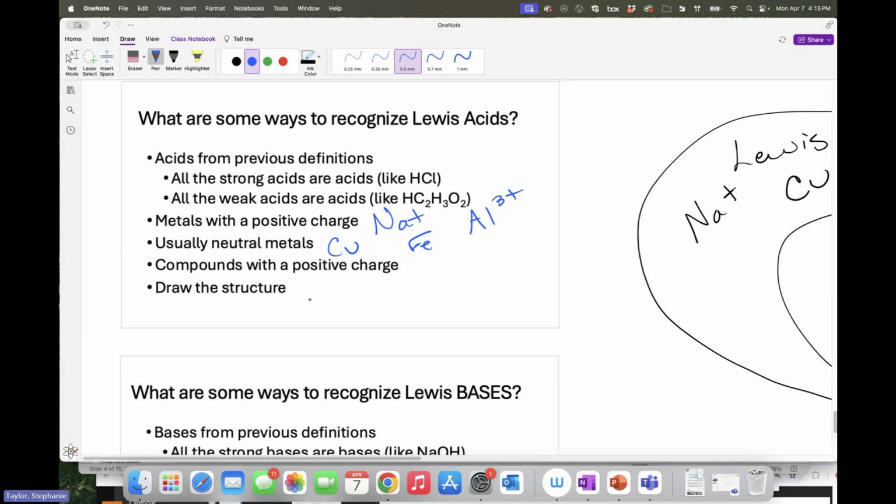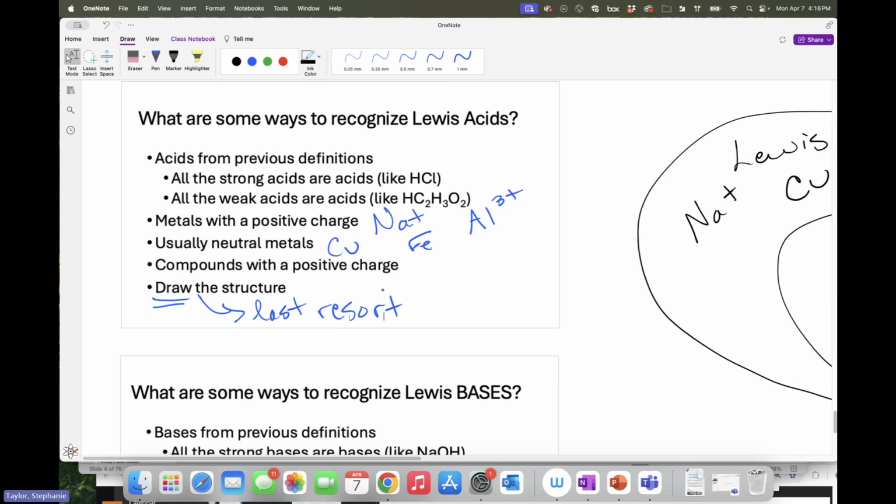And I've got draw the structure last. The thing with draw the structure is I always think about this as a last resort. So I've got these essentially in order of how I would recommend you look for a Lewis acid. Basically, can you recognize it from something you already have seen before? Is it a metal with a positive charge? Is it a metal?